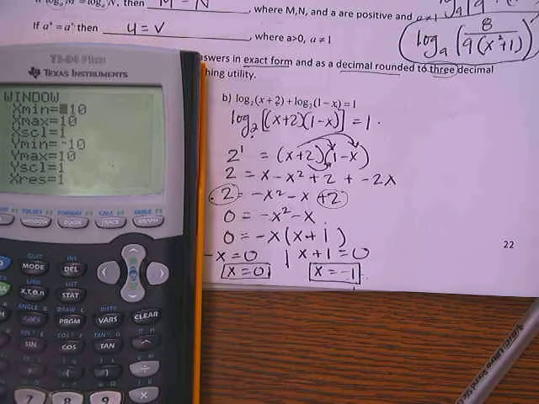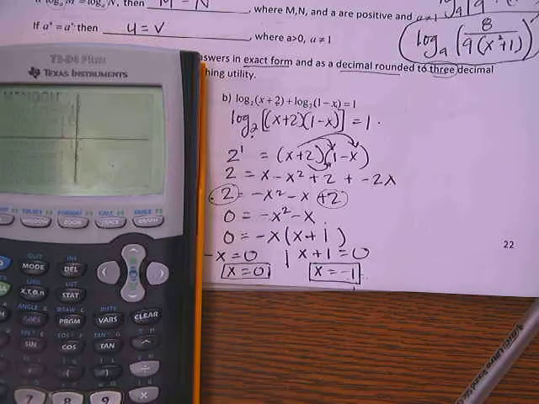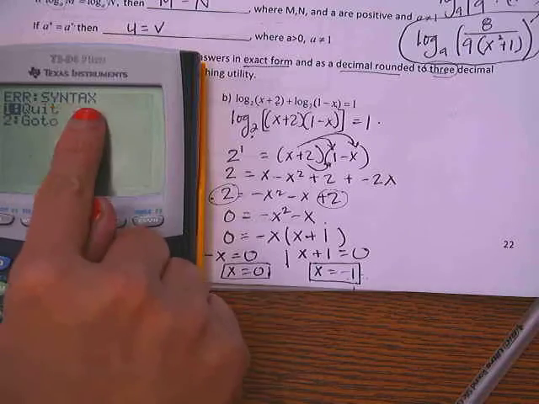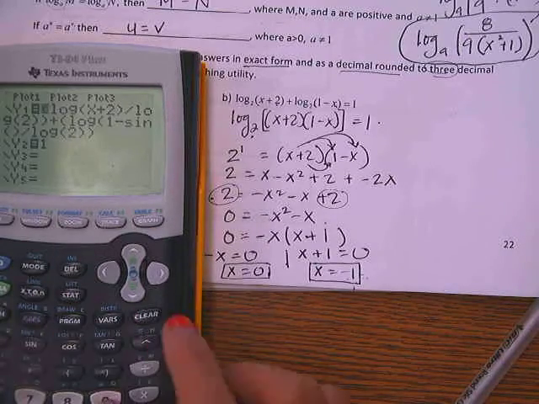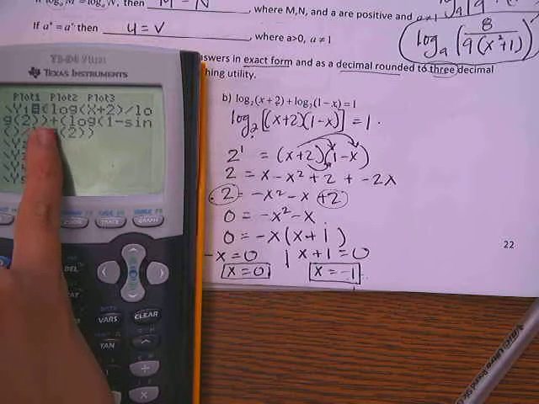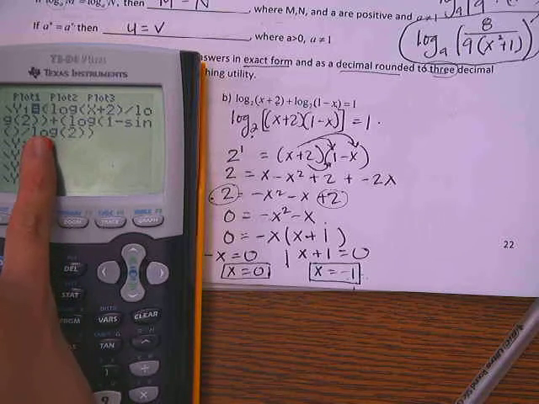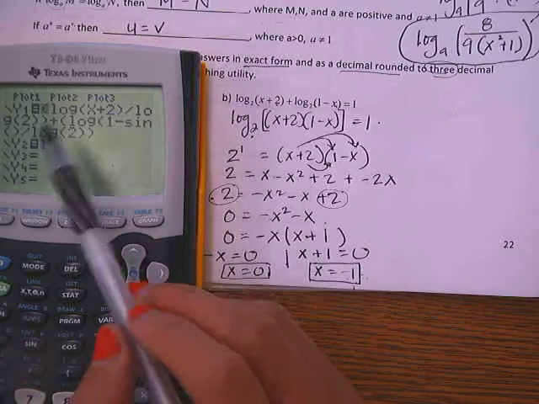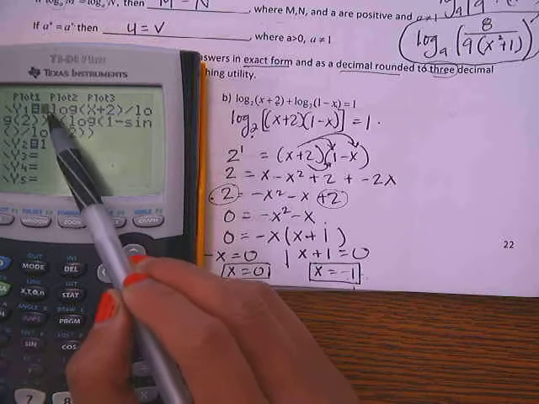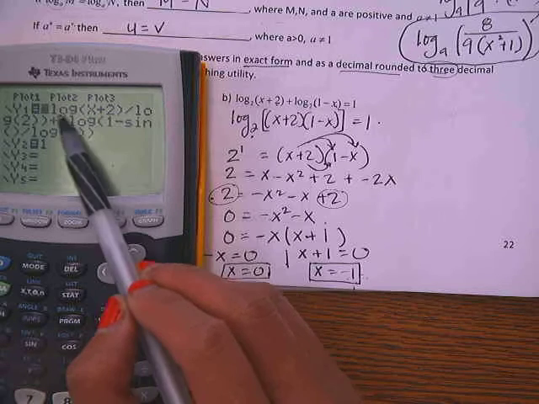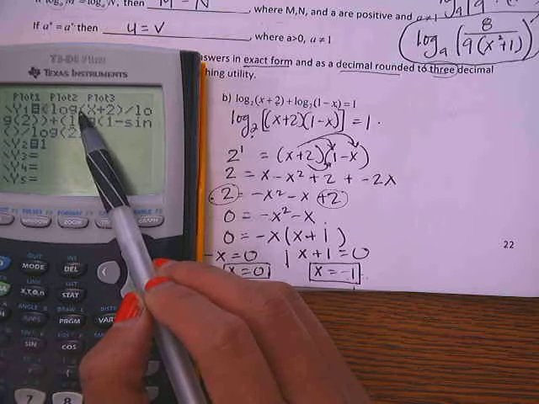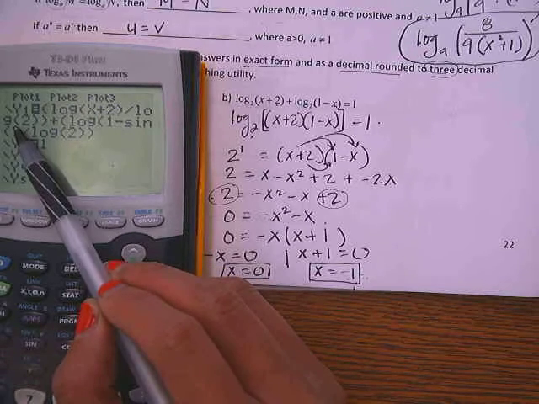I'm just going to use a standard window for now because, oops, syntax. Syntax means you type something in wrong. So I must have typed something in wrong. Let's go back to y equals. Do I have too many sets of parentheses? That's really the question. Okay, let's double check. I have quantity of log. There's 1 open parenthesis, 2 open parentheses, 3 open parentheses.